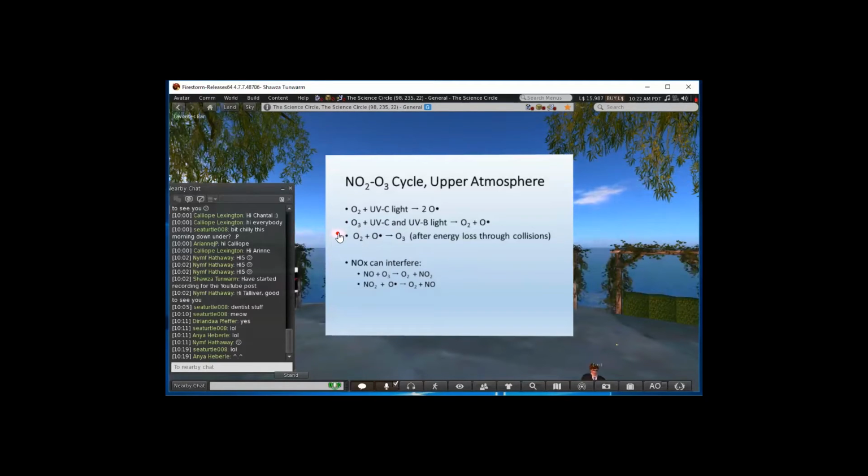NOx's can interfere with this because nitric oxide can react with ozone to give you NO2, the nitrogen dioxide, and regular oxygen again. So that screws up the amount of ozone we have. The NO2 can scavenge oxygen atoms and make O2 and make NO again.